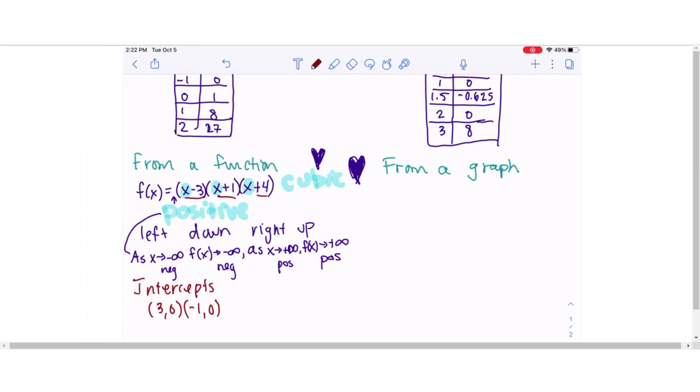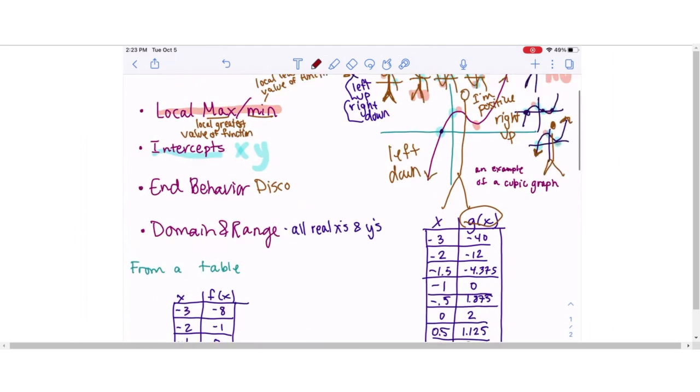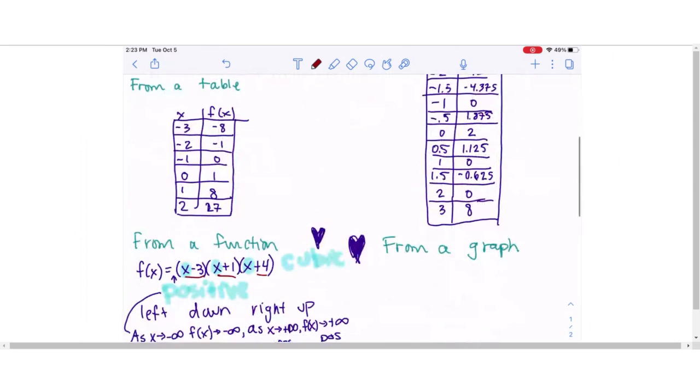And from +4, we had one at -4, 0. And then on our graph, these are the x-intercepts. And our y-intercept, when we clicked on it, it was 0, -12. Okay. Next thing that we needed, we talked about end behavior. Oh, we got all those intercepts.